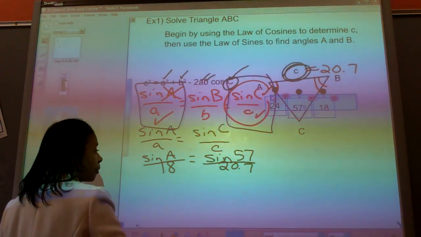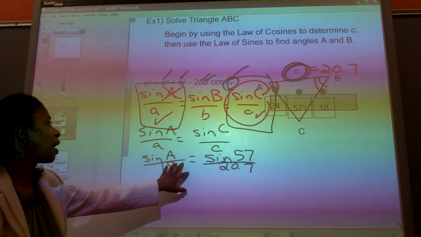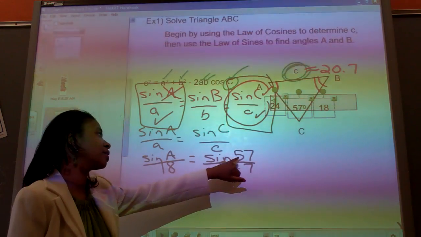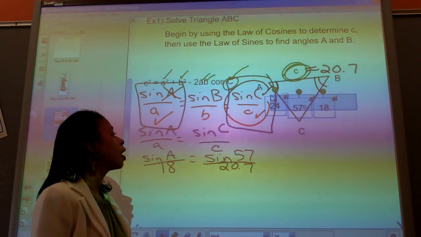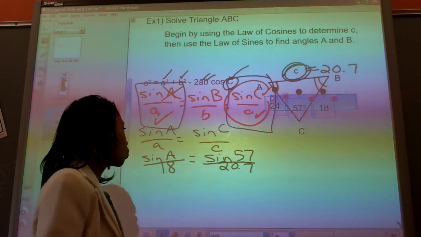Hopefully you got all that copied, but you can just rewind the tape here. So we have sine A over 18 equals sine C, which is sine 57 degrees over 20 and 7/10. Remember, sine 57 degrees is a real number.